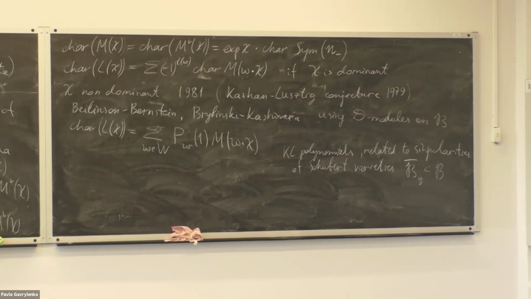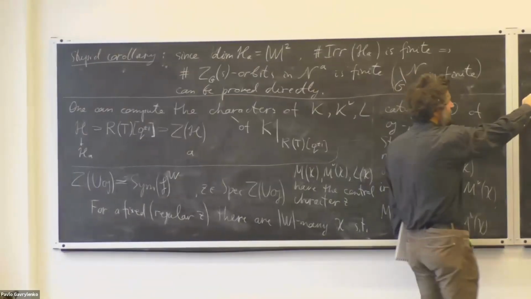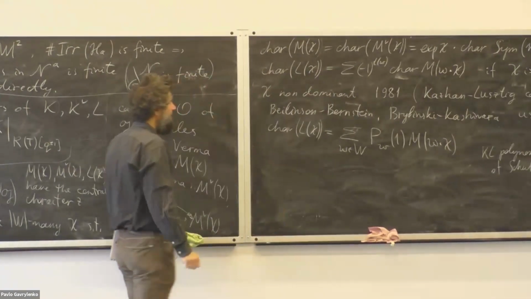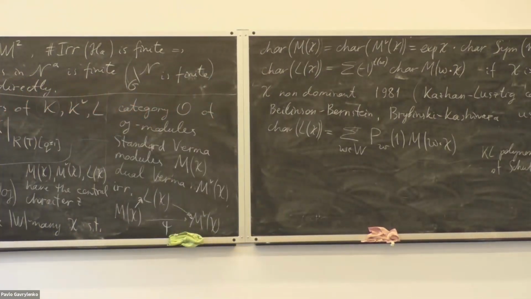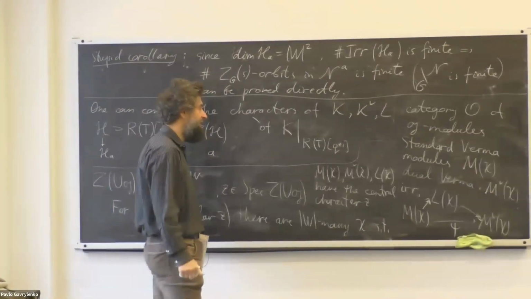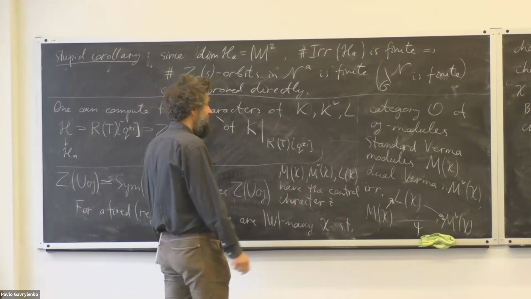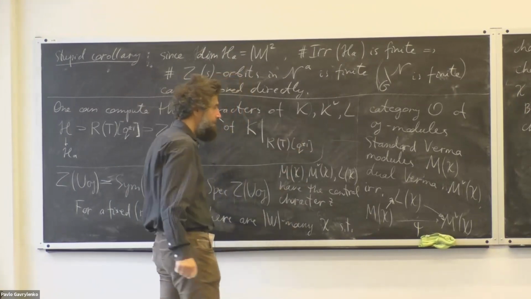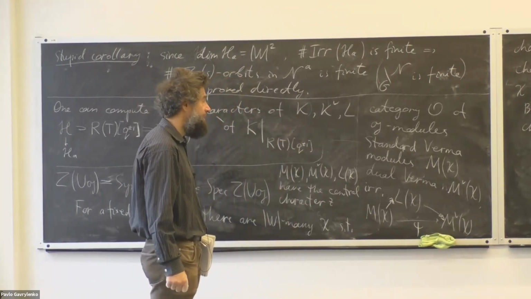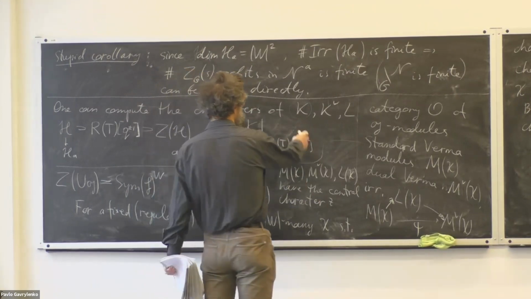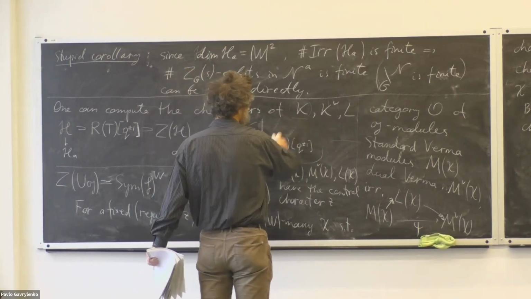Okay, so there is another proof of the standard Kazhdan-Lusztig conjecture for the formula of irreducible characters of universal enveloping algebra. That is just a word for word repetition for the affine Hecke algebra case. Okay, so now let's proceed with the computation of standard characters.